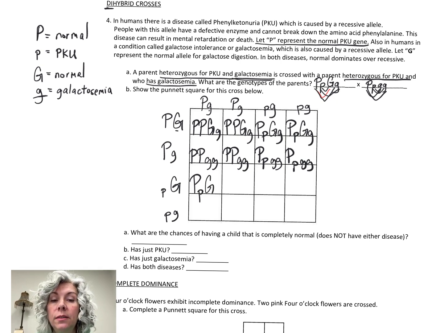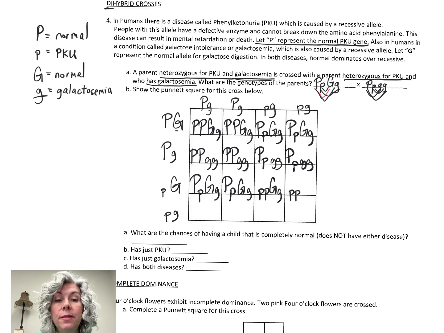Capital G, lowercase g. Capital P, lowercase p. Capital G, lowercase g. Two little p's, a big G and a little g. Two lowercase p's, a big G and a little g.